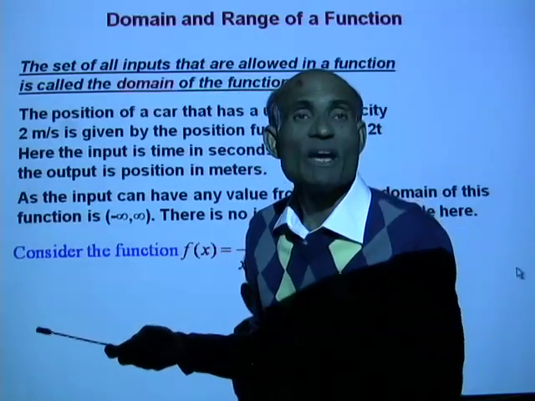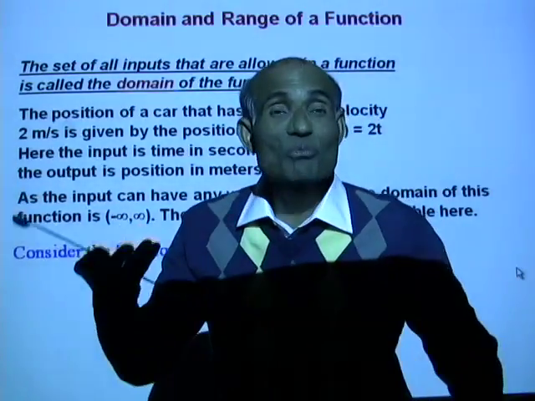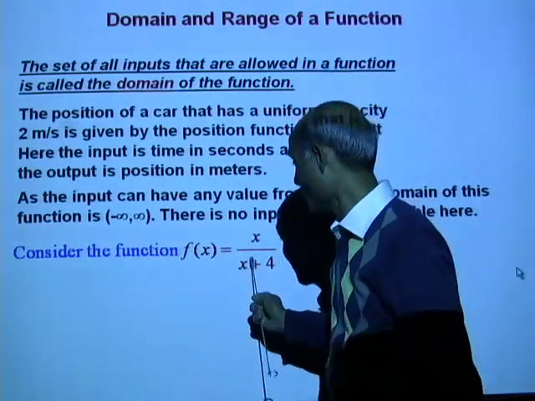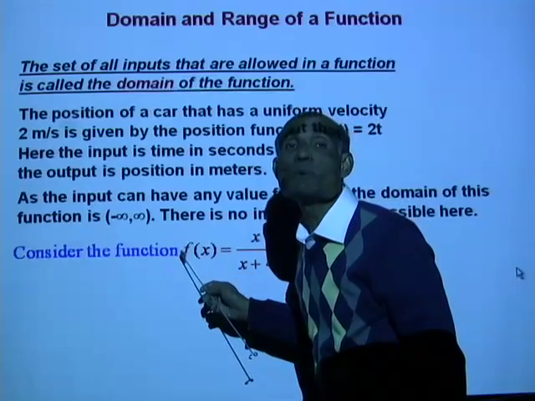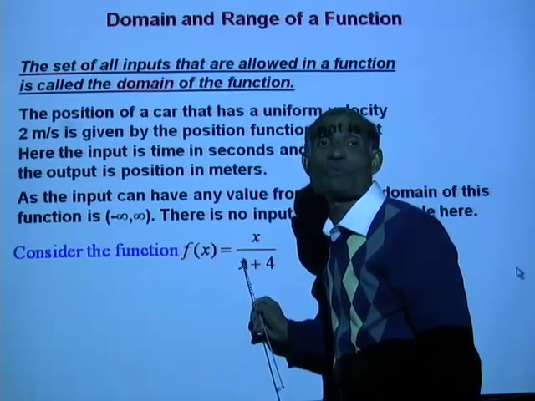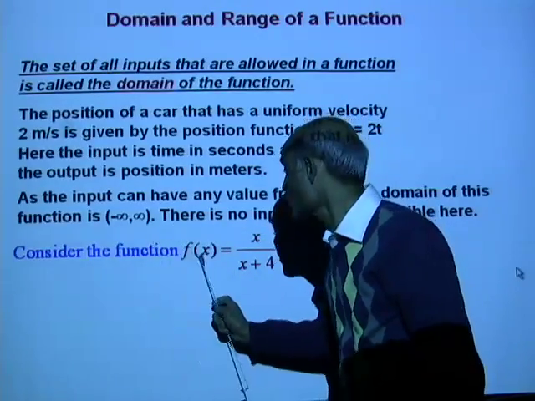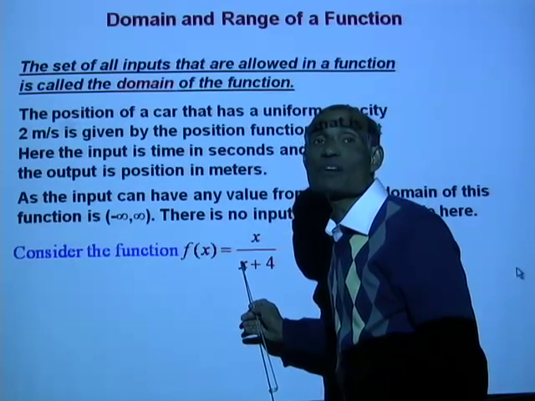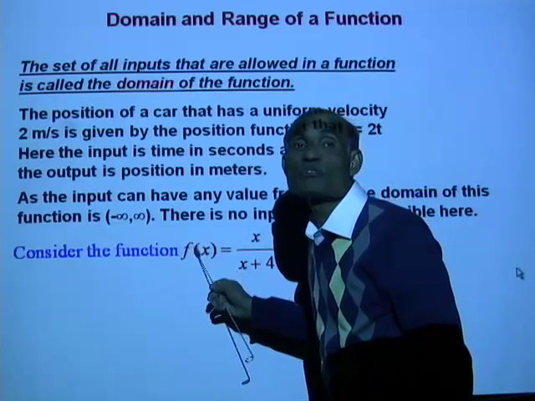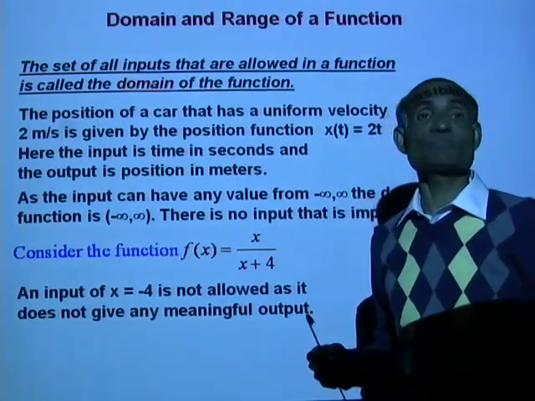It doesn't give you any meaningful, understandable output. And therefore, you cannot use an input which does not give you a meaningful output. x equal to -4 is not in the domain of this function. Why is it not in the domain of the function? Because it does not give you a meaningful output.